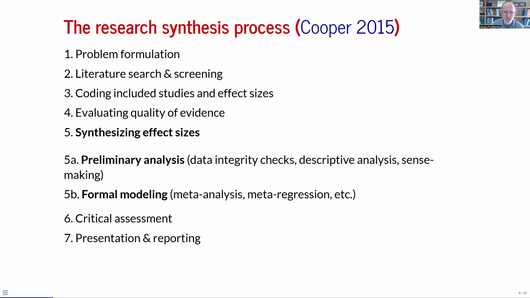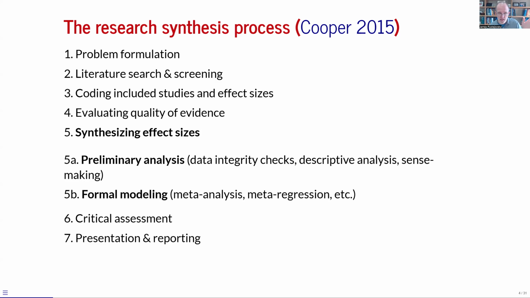By preliminary analysis, I mean things like data integrity checks, running basic descriptives, and using that information to try to make sense of your data. And I think that often happens prior to doing formal models. So what I call formal modeling is things like doing summary meta-analysis models, meta-regressions, moderator analysis, things like that.